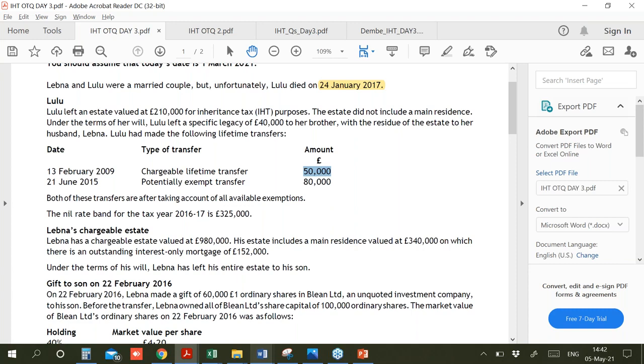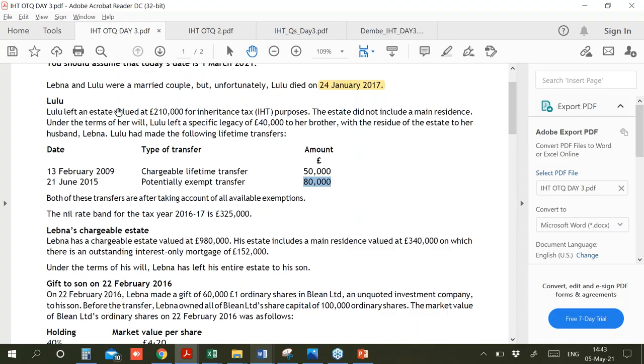So the gift that she made to her brother on her death must have used the nil rate band, and the potentially exempt transfer that she made on 21st June 2015.